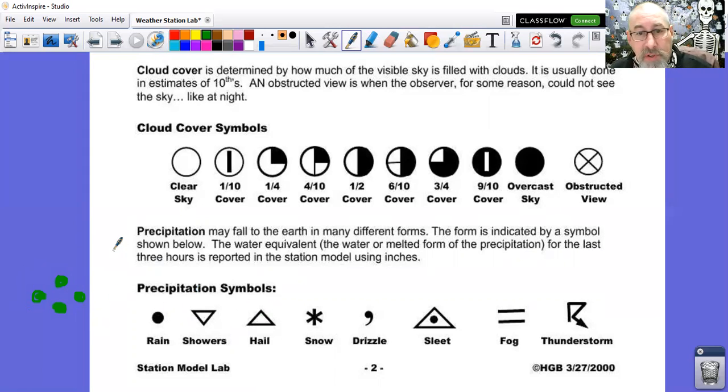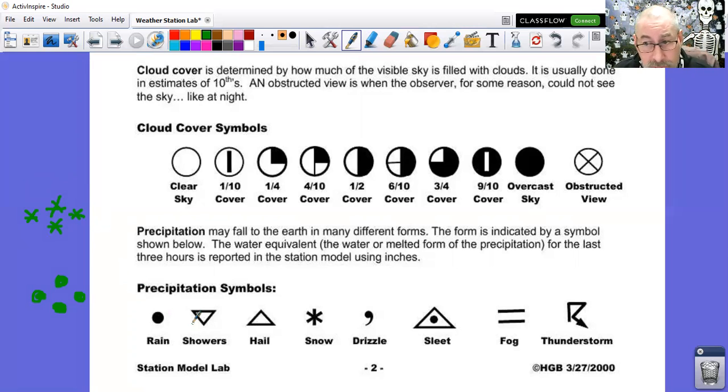And likewise with snow, same thing. One is light, the 2 stars. So here we have 2 stars. That is moderate snow. And then 4 stars, which is the one you guys like to see in the wintertime during school. 4 stars is heavy snow.